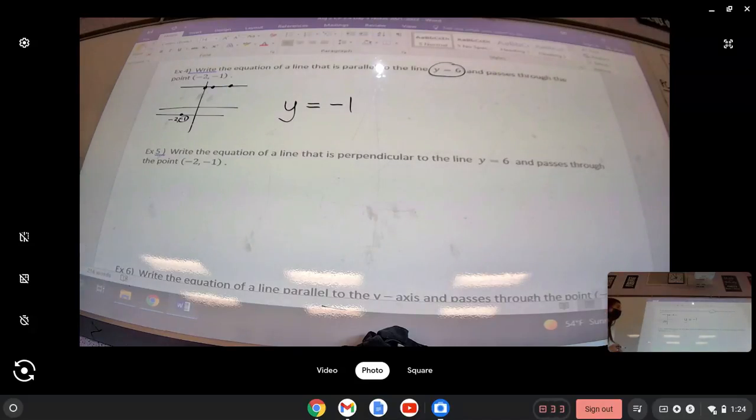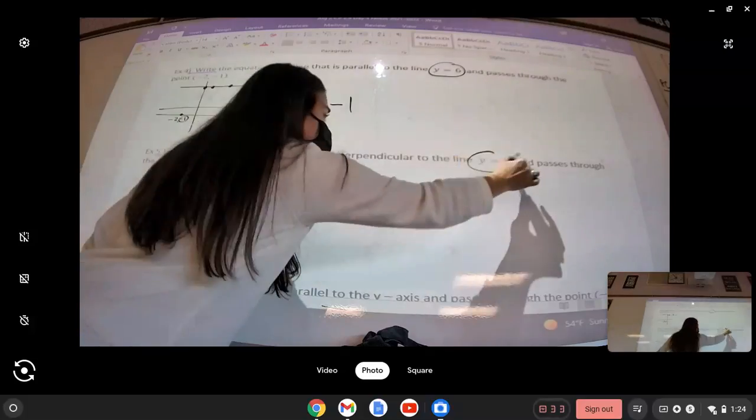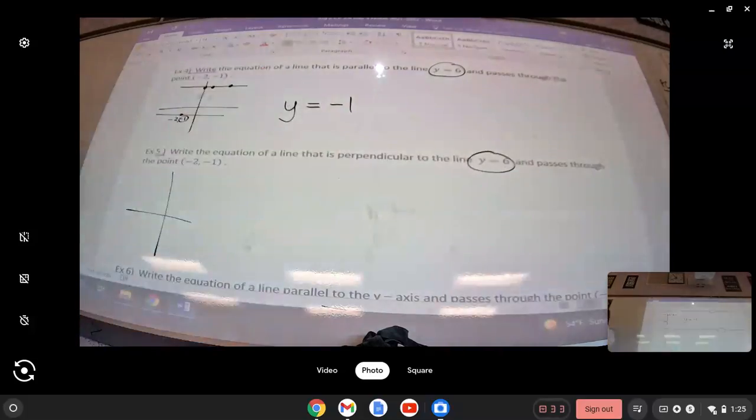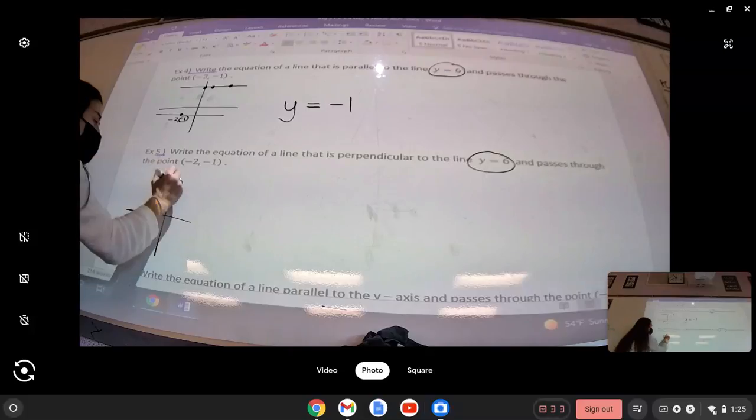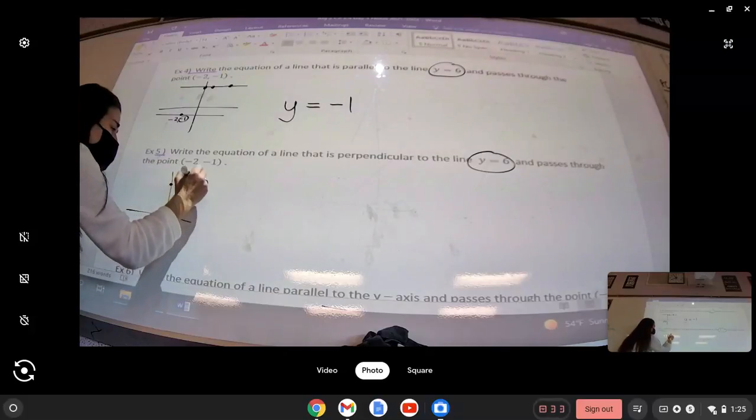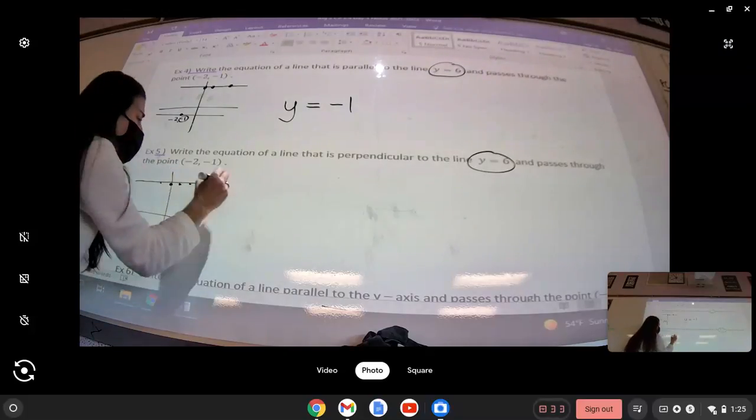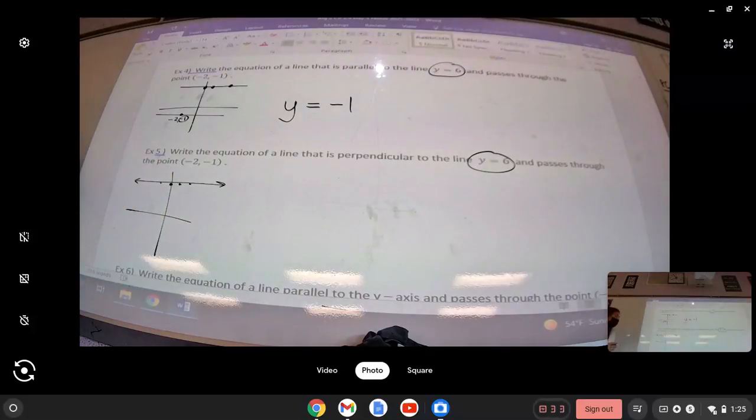All right, let's look down here. Write the equation of a line that is perpendicular to the line y equals 6 and passes through the point -2, -1. So guys, it's almost the exact same problem. You have the line y equals 6 again, so you should recognize one variable that's special. The line where y is always 6, just like before, was a horizontal line.